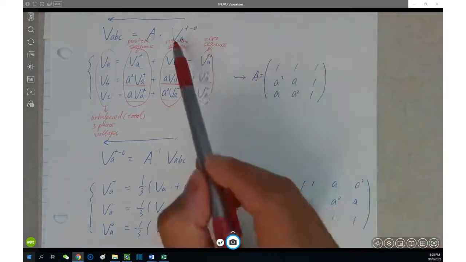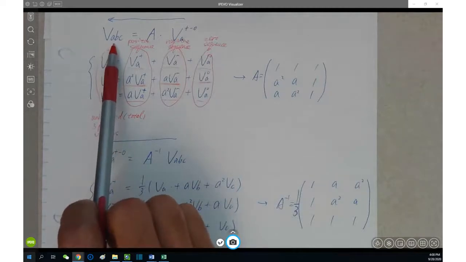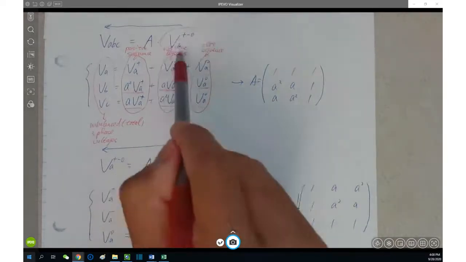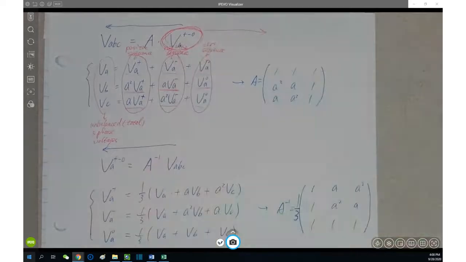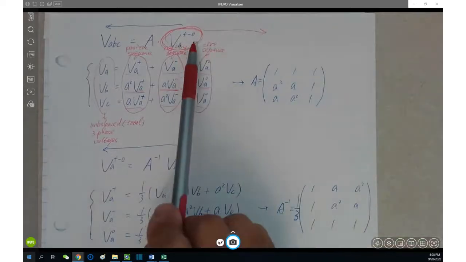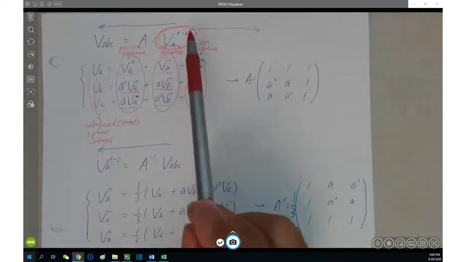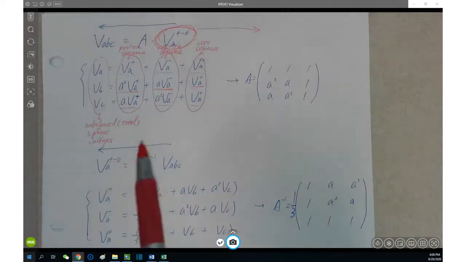We are able to find the total unbalanced three-phase voltages based on the given, what is it called? Anyone remember? What is it?